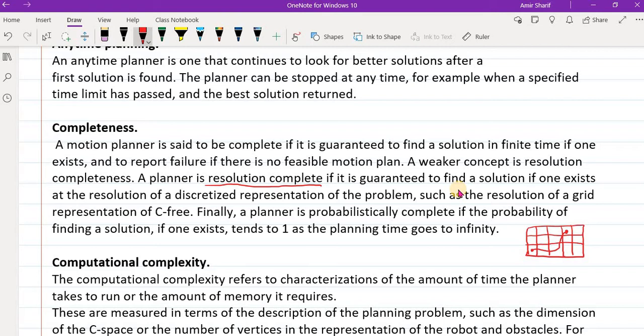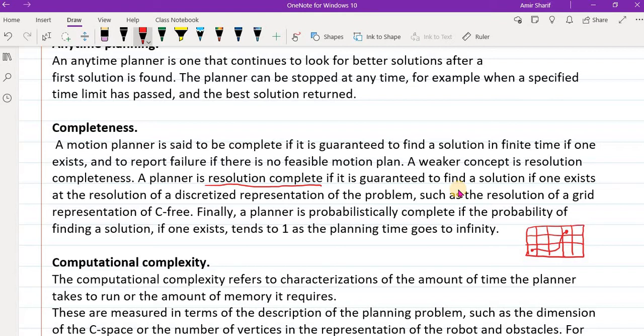Practically they don't run for infinite time, but the probability of finding a solution approaches 100% if you let them run for enough time. They may also give a solution earlier, but it's not guaranteed.